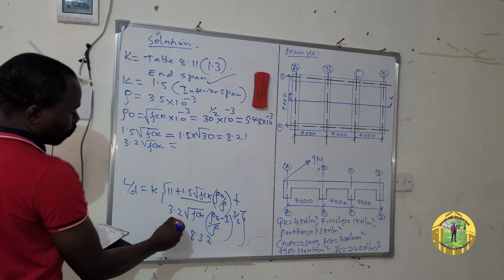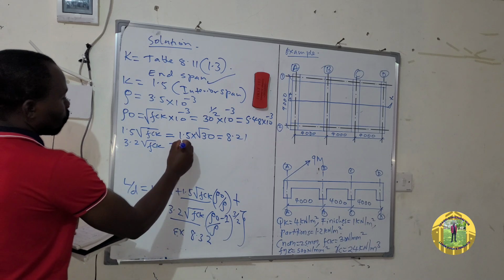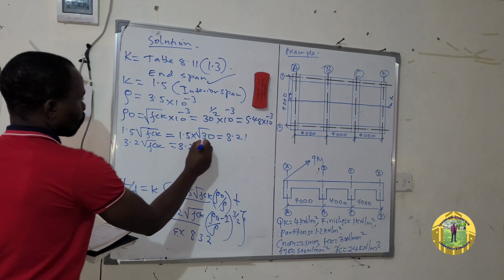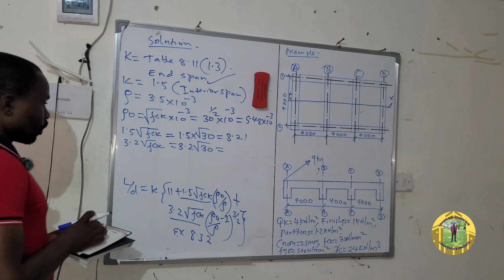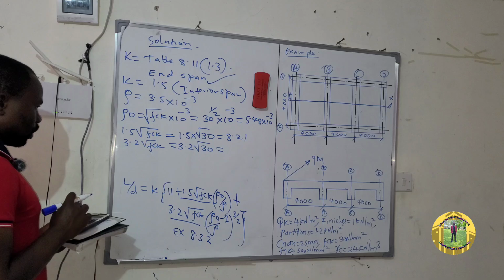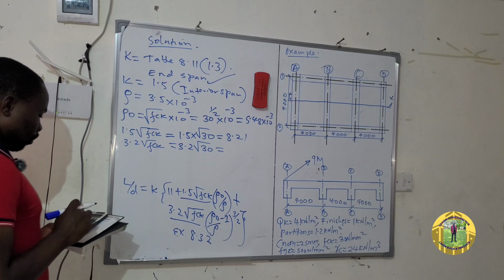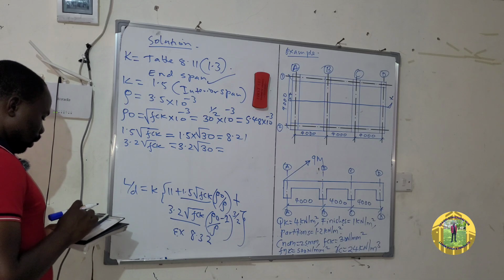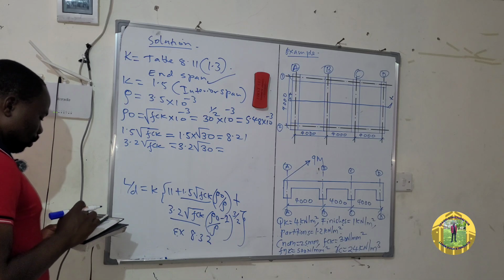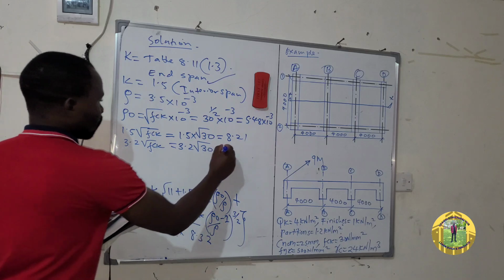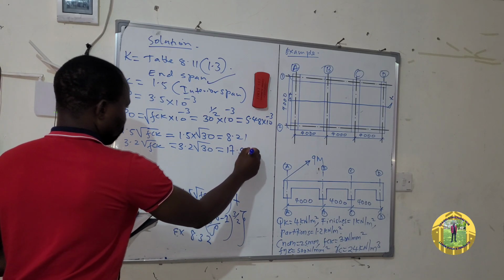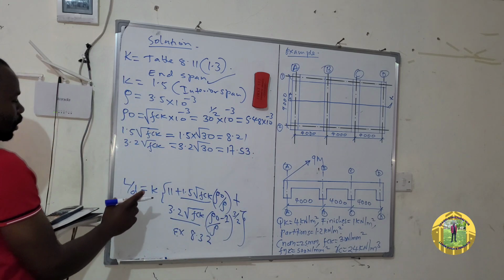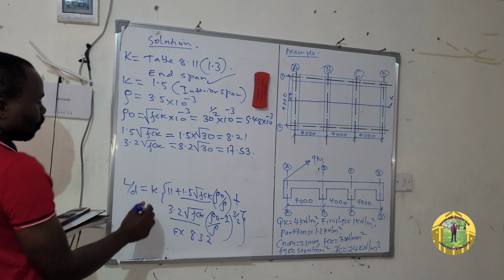So this one is equal to 3.2 root 30, or 3.2 times 30 raised to power 0.5. So this is 17.53.